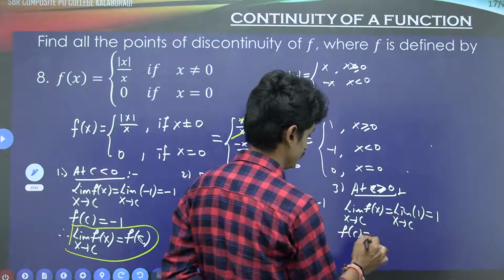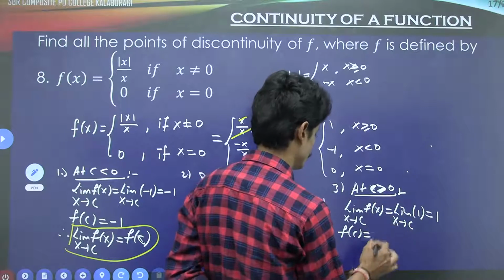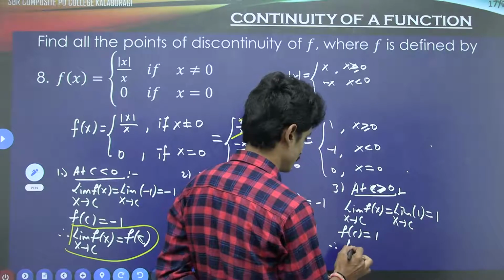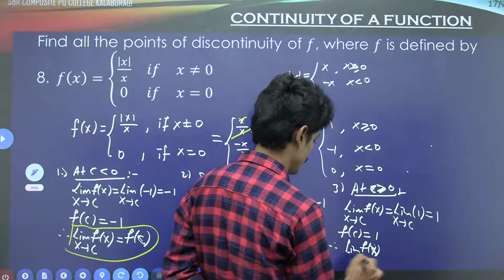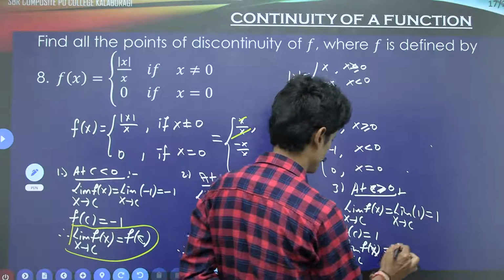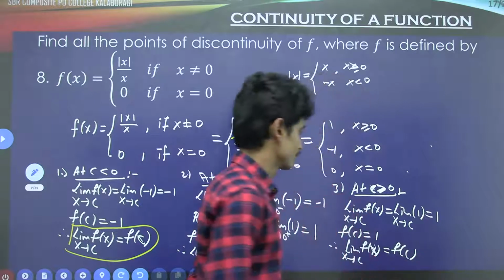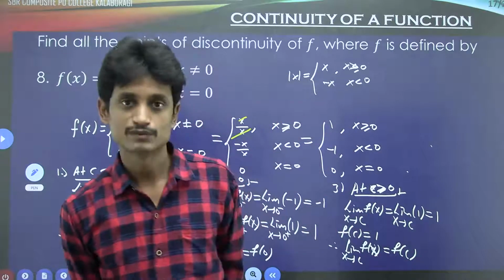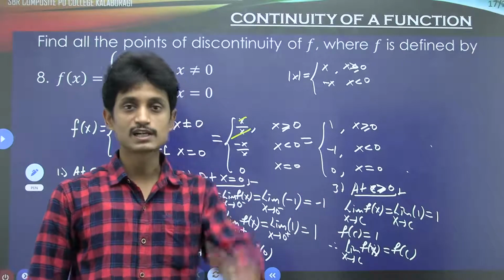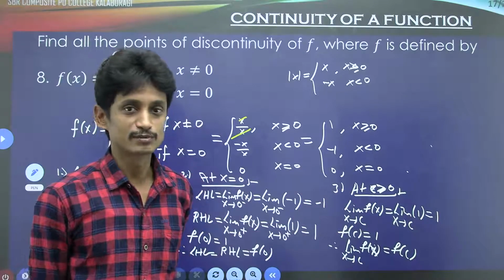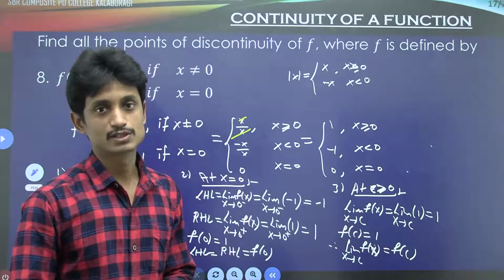Hence f of c is also 1. Therefore, limit of f of x as x tending to c is equal to f of c. So before 0 the function is continuous, after 0 the function is continuous, and exactly at 0 the function is continuous. So this function will be continuous everywhere.